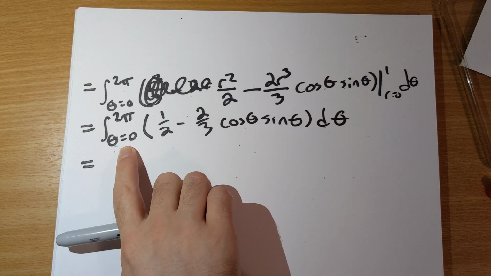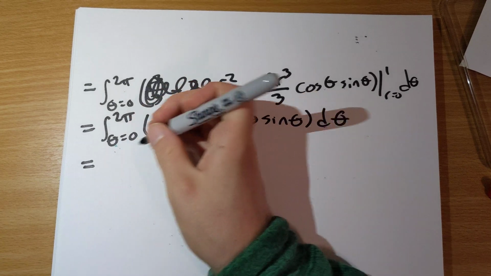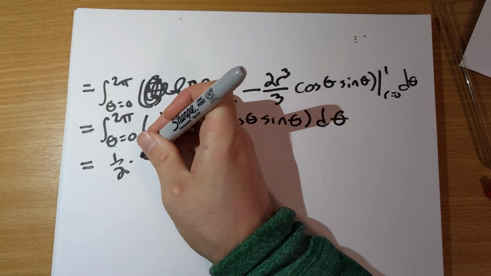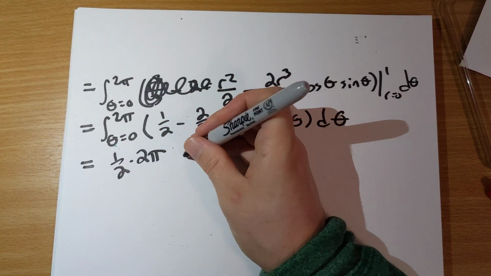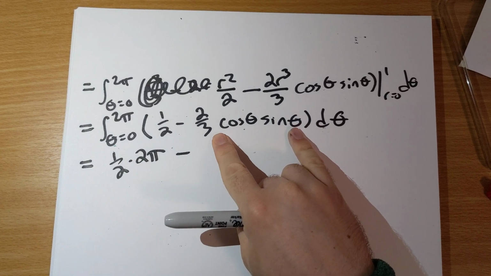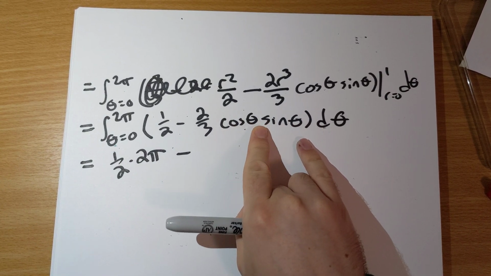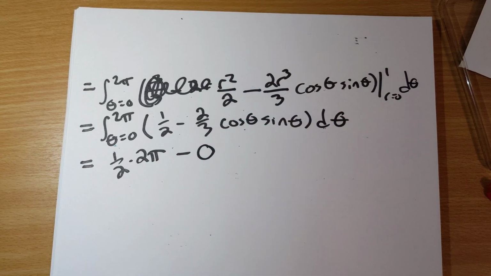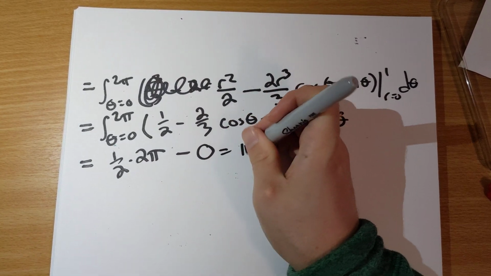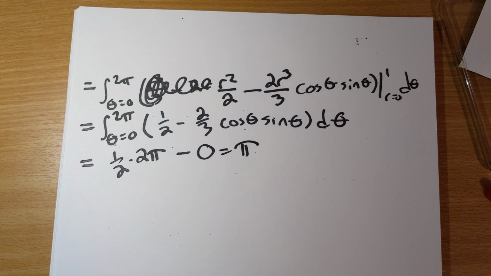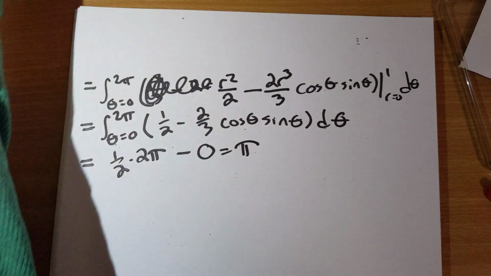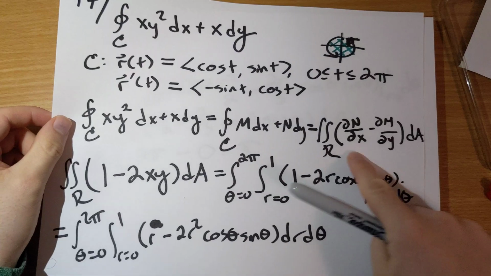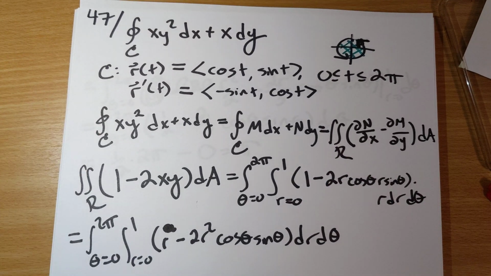The integral of the constant 1/2 is 1/2 times 2 pi. And then this term, when you integrate it, you could do it by substituting u equal to your choice of sine theta or cosine theta. You'll end up with 0 here. So the answer is pi.